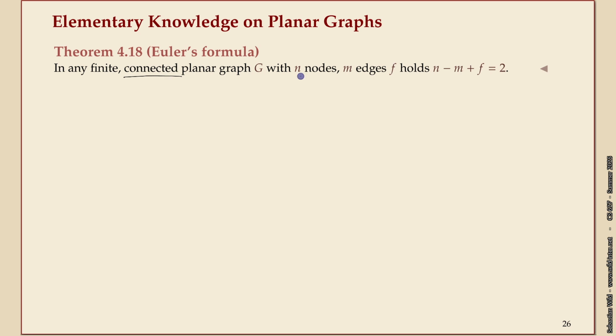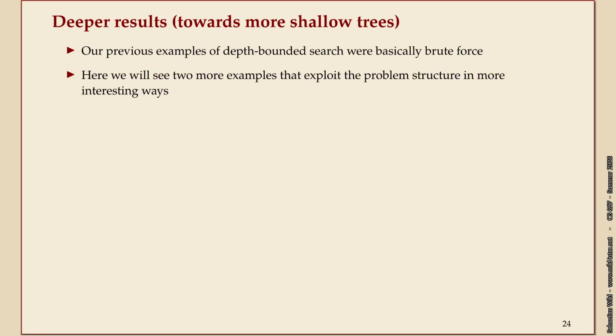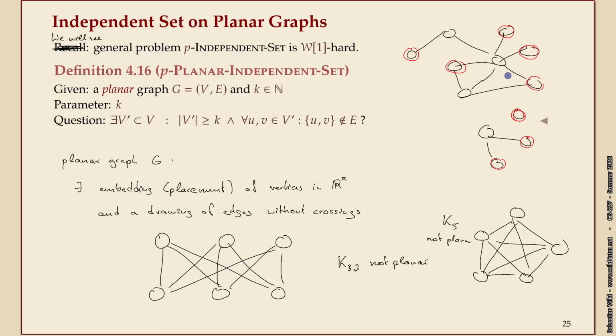Then it has n vertices, m edges, and f faces. That's not defined. The faces, which in such a drawing are the regions of the plane that are cut off by edges.